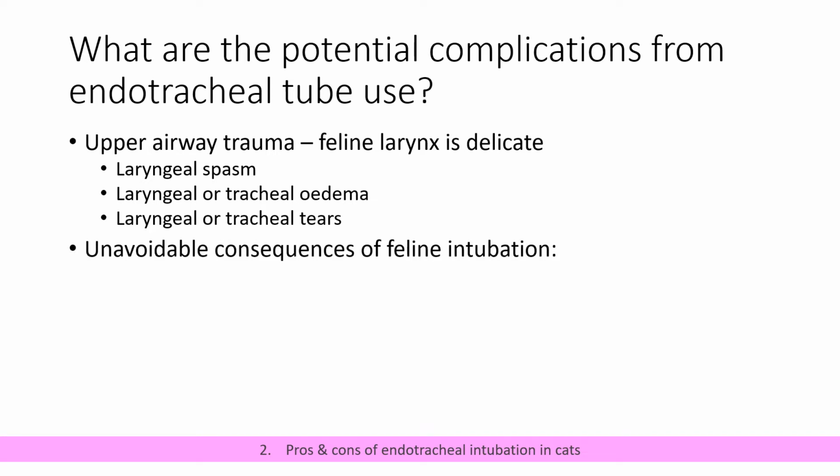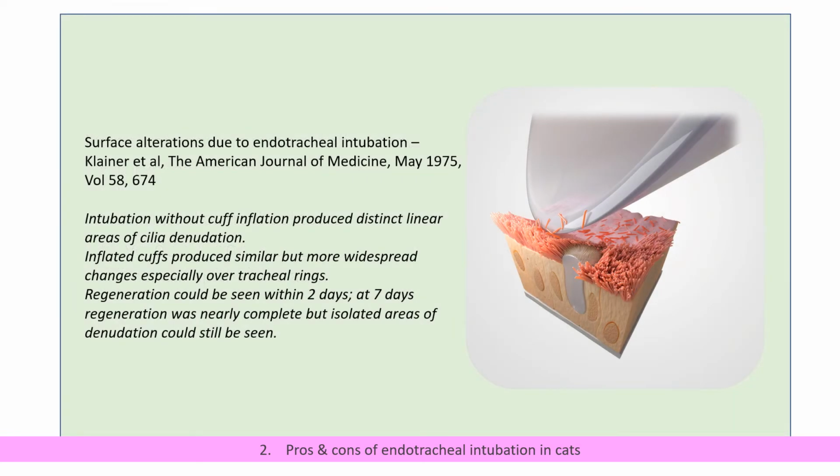The other thing to think about is that whenever we're using an endotracheal tube in cats, there are unavoidable consequences. And the major one to think about is the tracheal epithelial trauma that happens when you touch the tracheal mucosa. This is a study that was done in dogs, but it's equally applicable to all mammalian species.